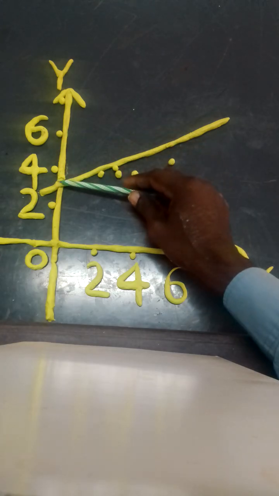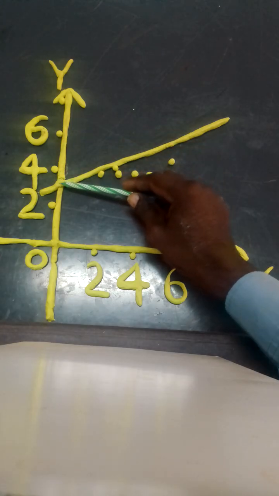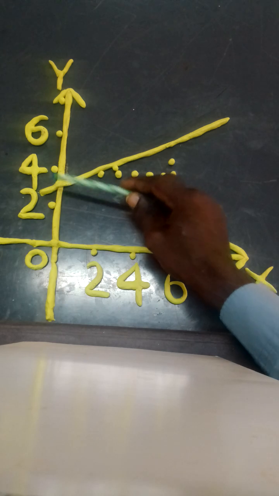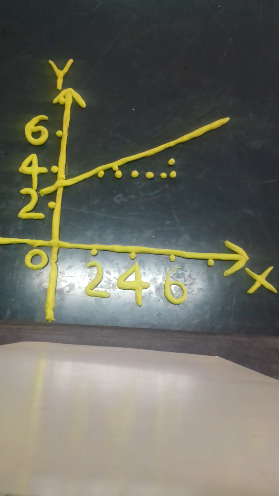So you want to find the y-intercept because we have found the gradient as a half. You substitute the values of y and x in that equation.